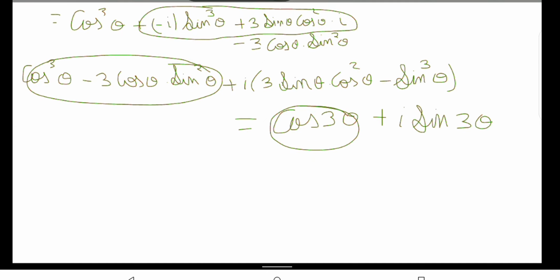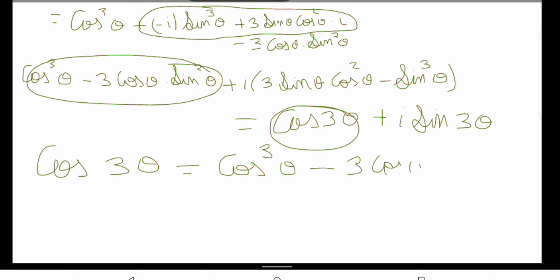So we have cos 3 theta equal to cos cube theta minus 3 cos theta into sine square theta.